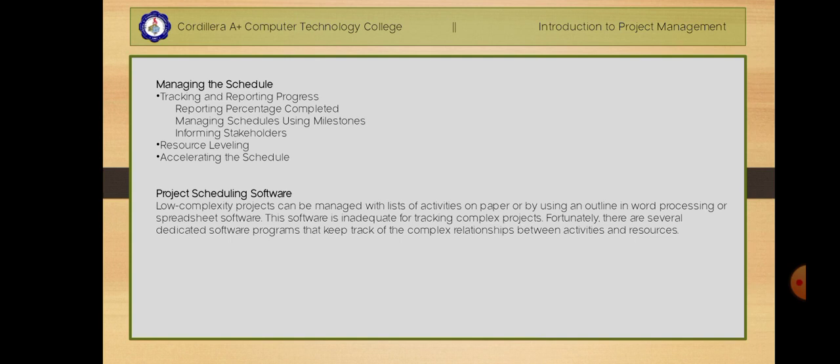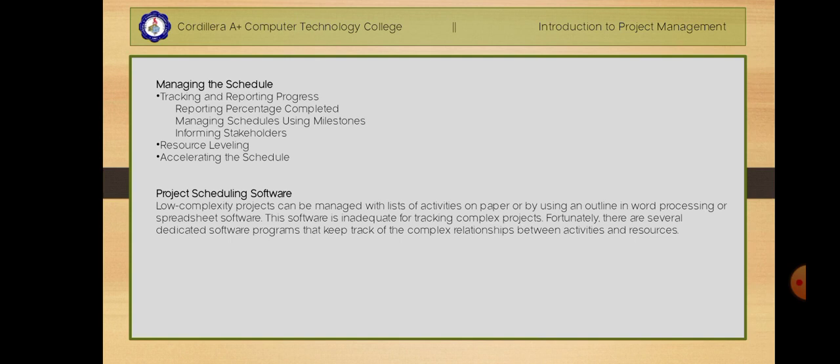You need to keep updating and informing the stakeholders of the progress of your project. This updated schedule is called the current schedule. The current schedule provides new start and end dates for all the activities and the project.